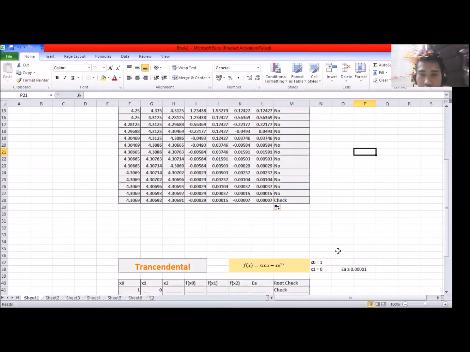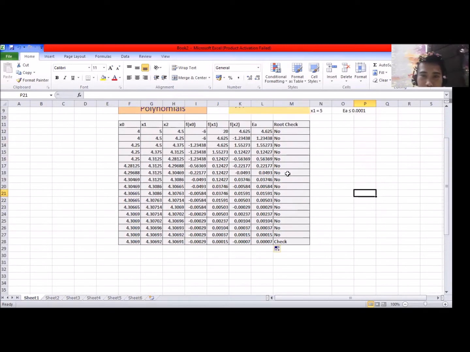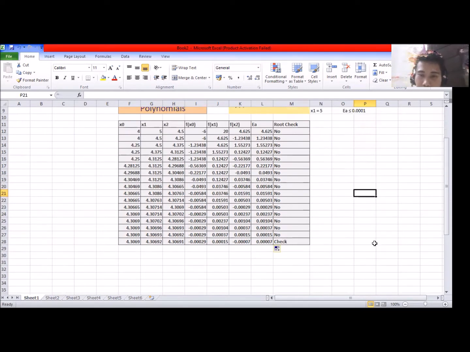Next, in the root check, if the estimated root is incorrect, then it means we check or get the estimated root.